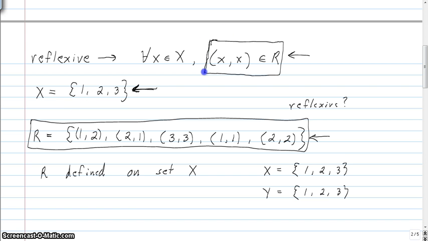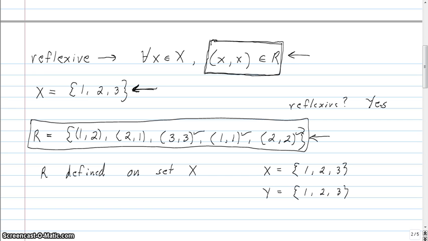That's what this piece of the definition of reflexive means. So we have to have 1 related to 1, 2 related to 2, and 3 related to 3. So here we've got 1 related to 1, 2 related to 2, and 3 related to 3. So in this case, yes, that relation is reflexive.